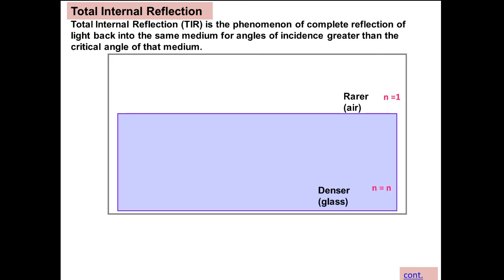Let us say a rarer medium of refractive index 1, here it is a denser medium, you can say a glass of refractive index n, and a source of light is placed in the denser medium. Now if light goes normal to the surface without any deviation, it will pass. But now see the certain phenomenon.